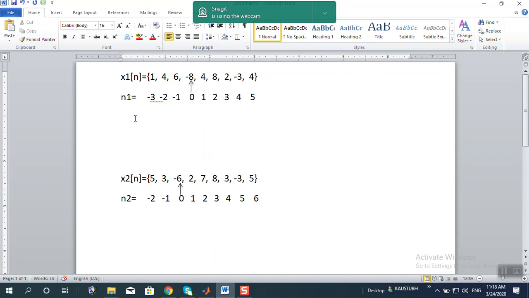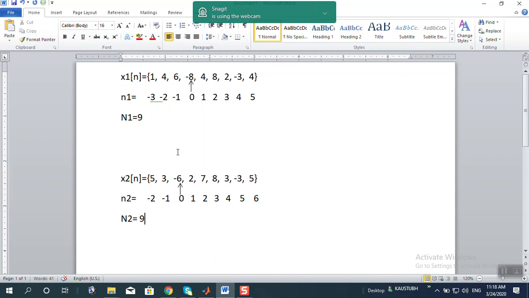So the first signal has, suppose, the number of samples n1 is 9. Similarly, the second signal also has 9 samples.